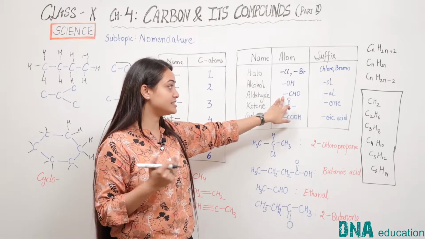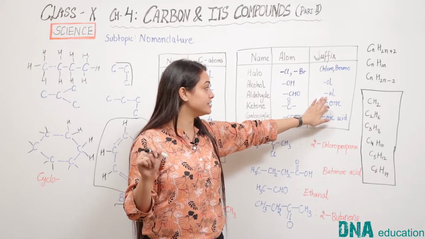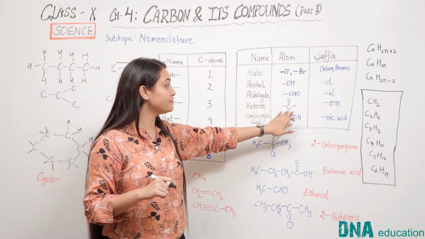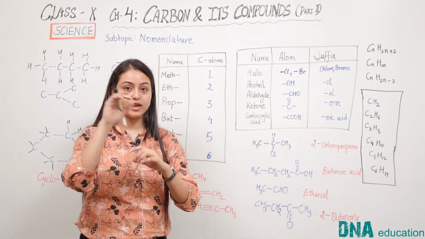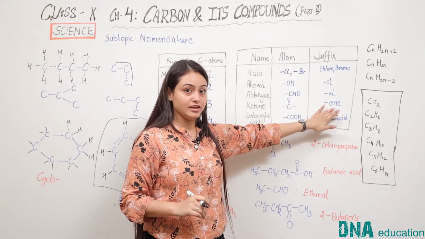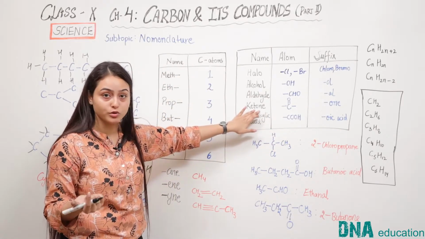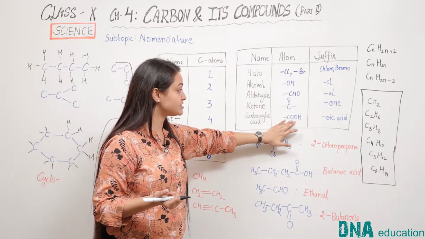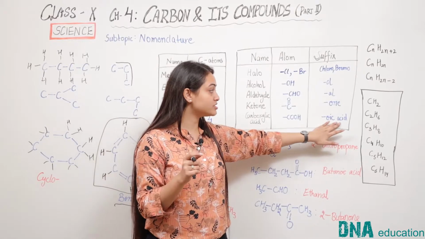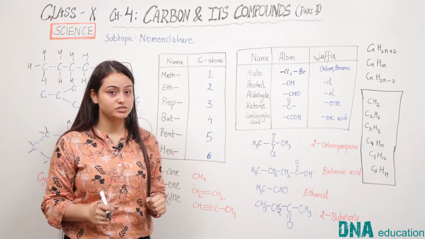If it has CHO in the end, then we will use the suffix al and the compound will be an aldehyde. Similarly, if it contains a CO group in between the compound, then we will use the suffix one in the compound name and the compound will be called a ketone. Similarly, if it has a COOH group in the end of the compound, then we will use the suffix oic acid and the compound will be called a carboxylic acid.